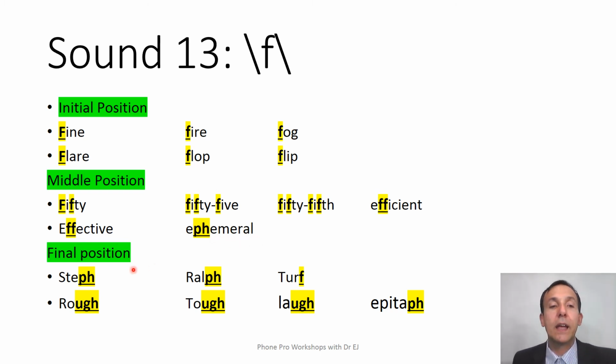ephemeral. Okay, in final position, the sound is just like that. For example, stiff, Ralph, turf. If you remember, here you have sound number 1: U plus R plus consonant sounds with the schwa here. So turf. Now rough, here in UGH.